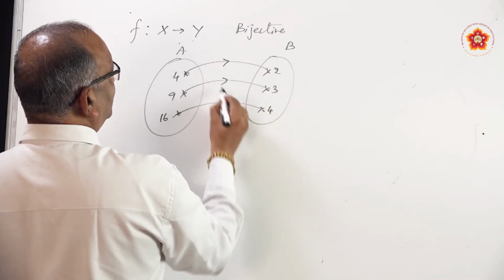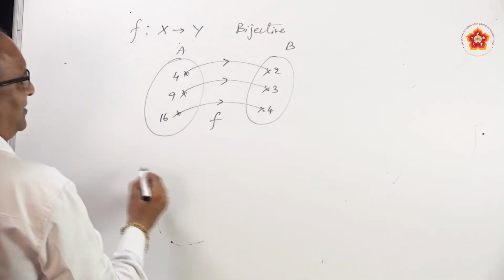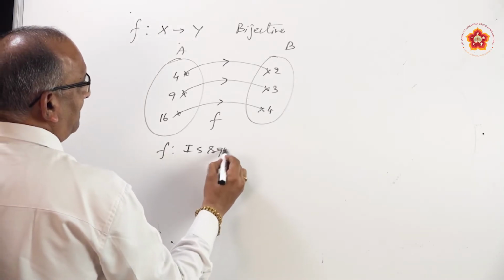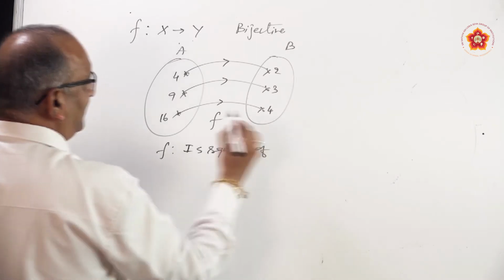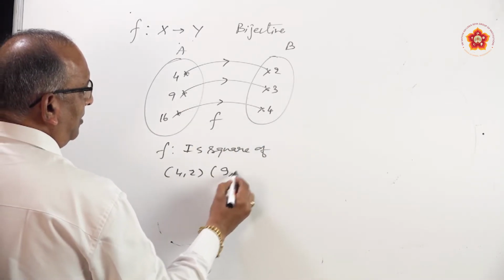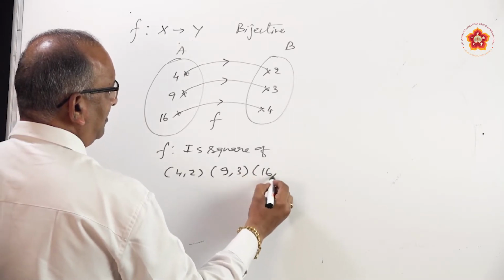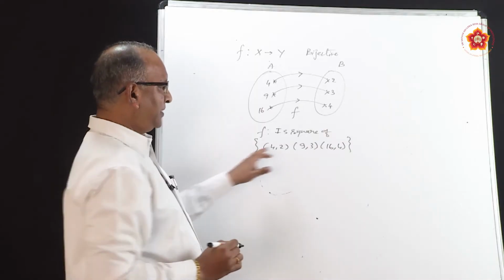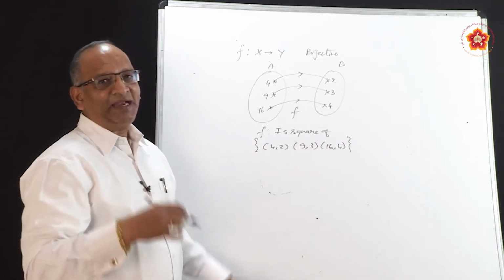And here is a function f. What is the function here? The function is square of. Which means if you make pairs 4, 2, 9, 3, 16, 4, the first element is the square of the second element.